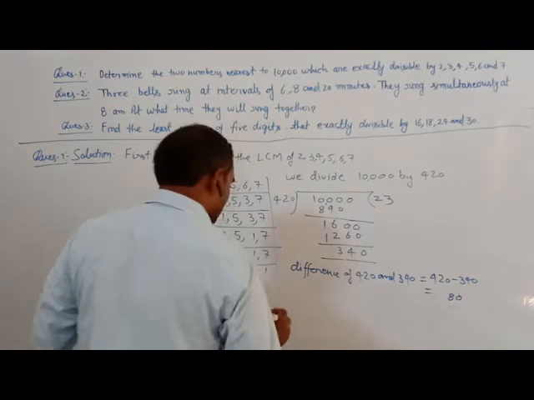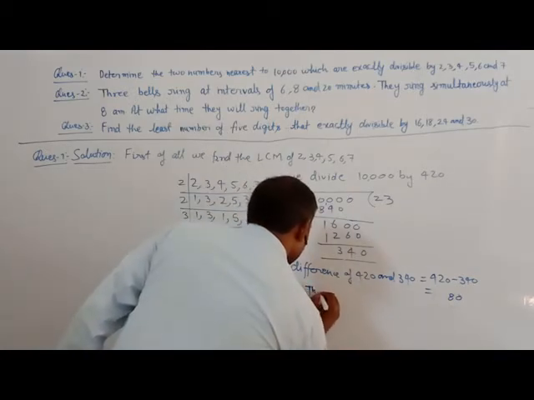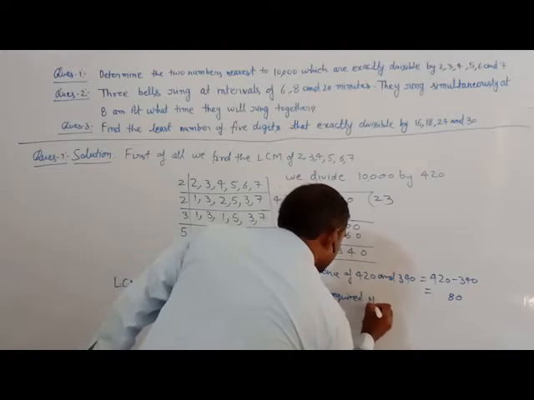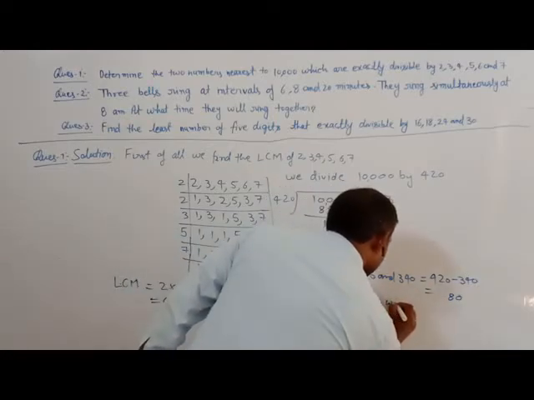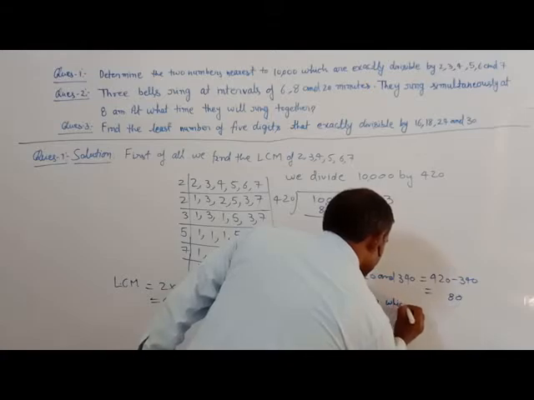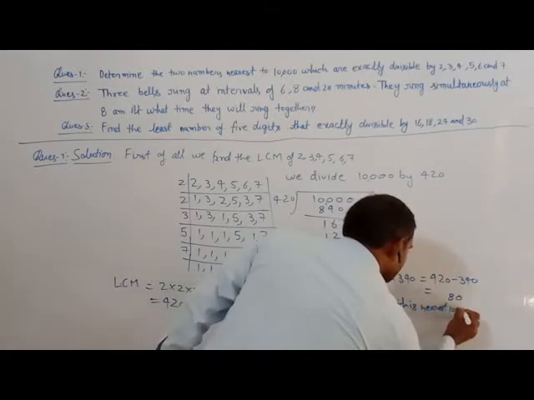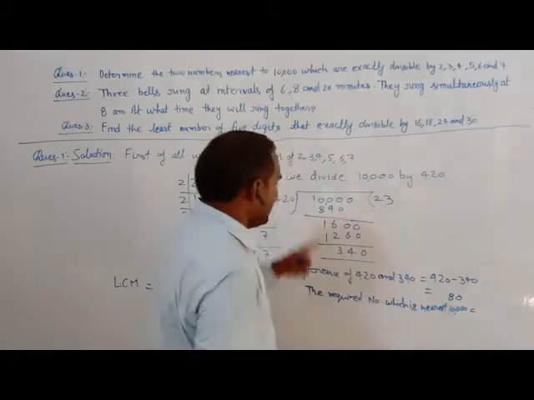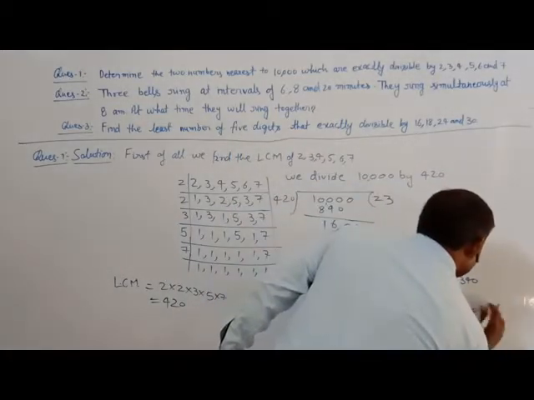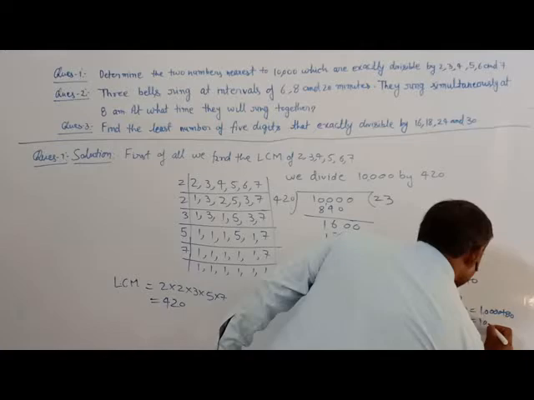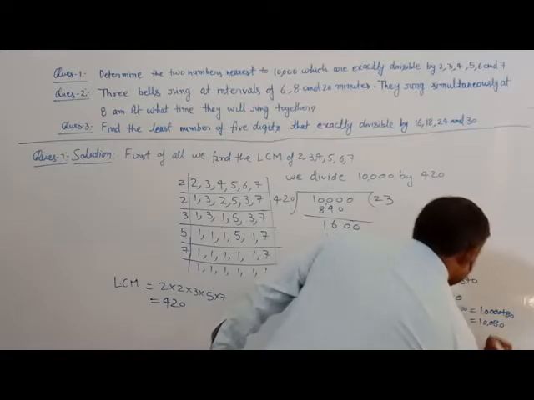So the required number which is nearest 10,000 is equal to adding 80 to 10,000. 10,000 plus 80 is equal to 10,080.